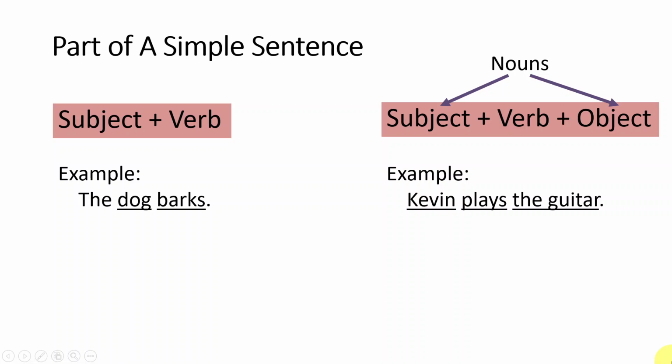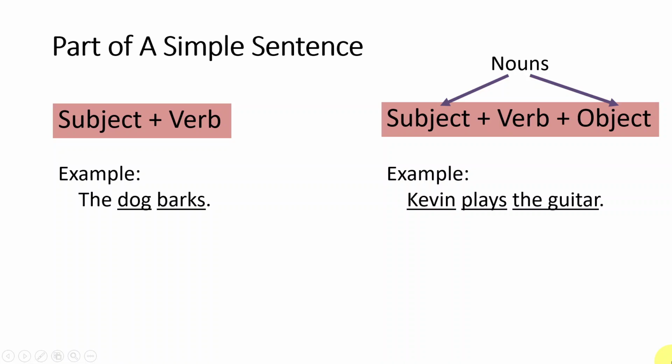Then you have the subject, verb and object. For example, Kevin plays the guitar. I love you. Those are subject, verb, object sentences. Whereas the dog barks is subject plus verb, the simplest possible sentence. Of course, you can build more and more sentence patterns, but you have to start with the simplest.